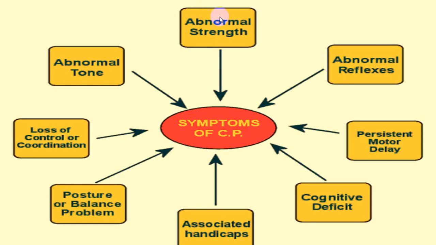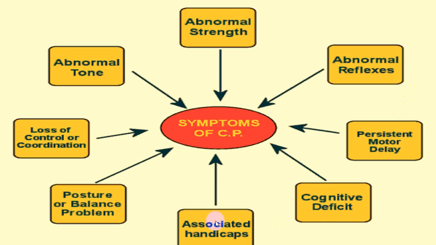So symptoms can be abnormal strength, particularly the strength is reduced. Abnormal reflex means deep tendon reflex is brisk, clonus may be demonstrable, and plantar reflex in case of pyramidal tract damage will be extensor. There will be delayed motor contraction. Cognitive function may be affected.